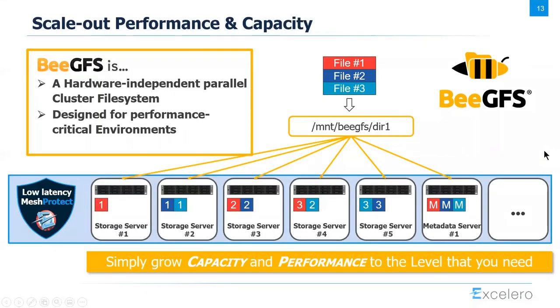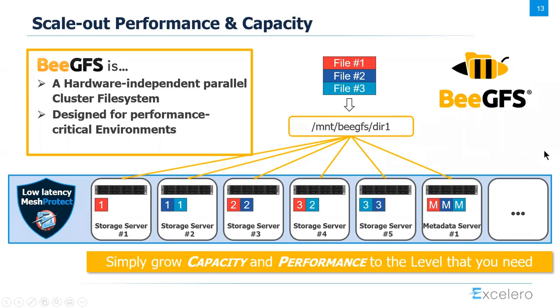So for those who don't know BeeGFS yet, I assume that some in the audience might never have heard of it. BeeGFS is a parallel file system. If you've heard of file systems such as Lustre or to some extent GPFS, which has now been renamed as Spectrum Scale, it is part of the same family of file systems.